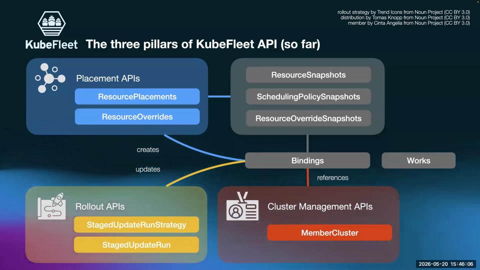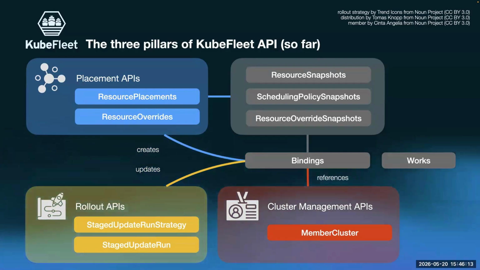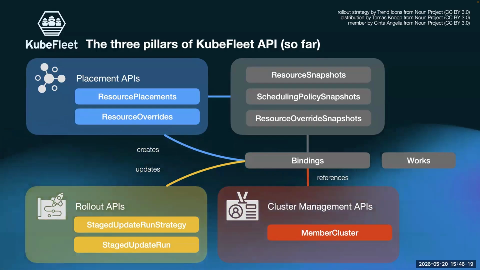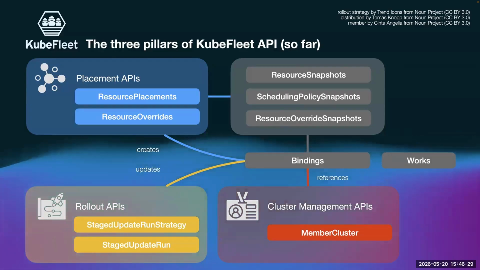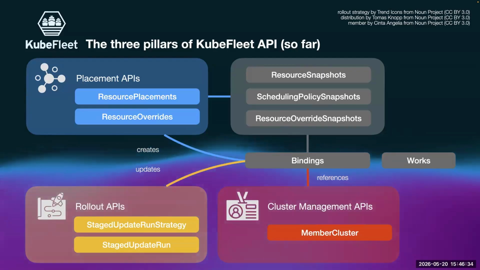We have a rollout API, which is designed to help you safely roll out changes to the member clusters, kind of similar to a CI/CD pipeline. And we also have a cluster management API, which helps users to observe their member clusters and gain insights on the system. So that's the general idea.